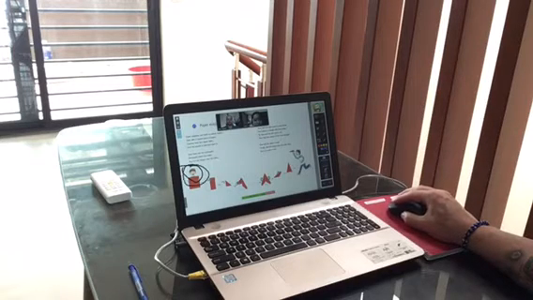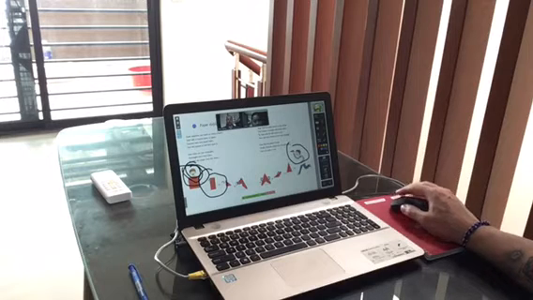Who's that? Boy. It's a boy. Paper. Yes, and he's doing a paper aeroplane. And does the boy look happy? Yes. Okay, why do you think the boy is happy? Why is he happy?